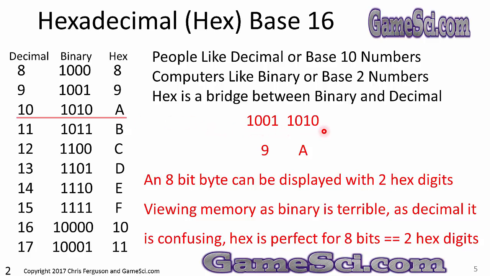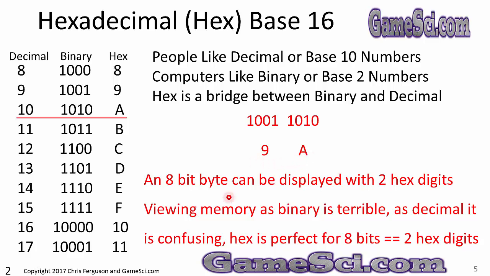If we look at an example of a byte of computer memory, a byte is 8 bits. The first 4 bits, 1001, is hexadecimal 9. The second 4 bits, 1010, is hexadecimal A. Therefore, this binary number can be represented by hex 9A.